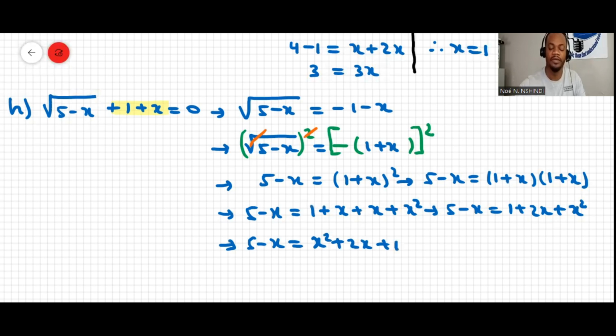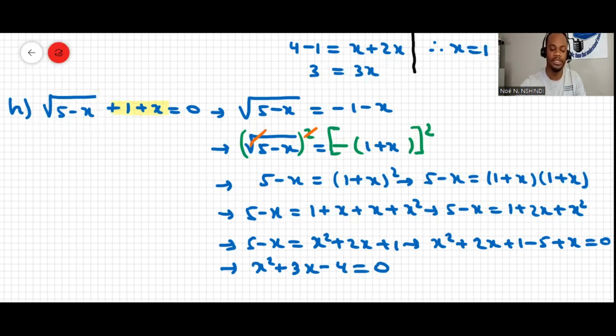Now moving everything from left to the right, it's going to be x squared plus 2x plus 1 minus 5 plus x, because the sign changes here. Then we can simplify, that makes x squared plus 3x, and then 1 minus 5 makes negative 4, equals 0.